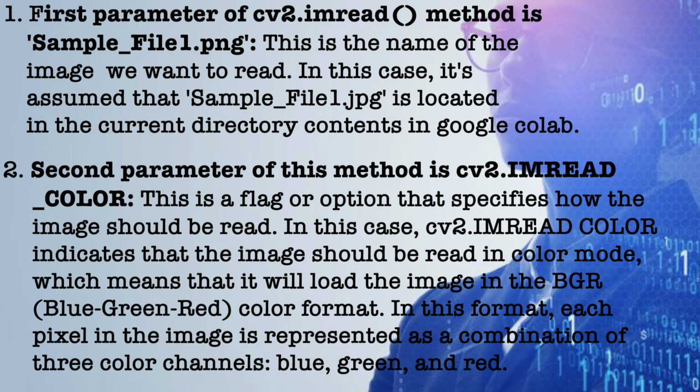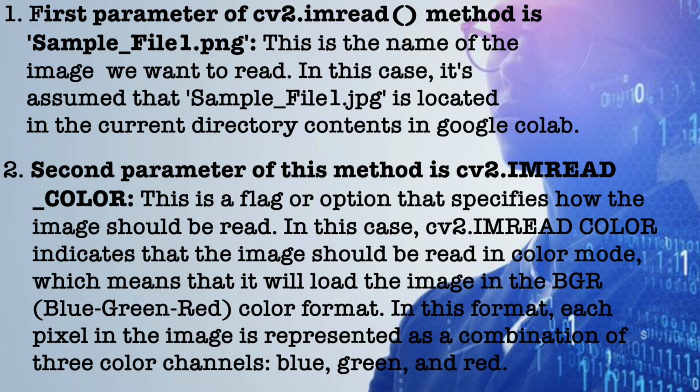This is a flag or an option that specifies how the image should be read. In this case, cv2.IMREAD_COLOR indicates that the image should be read in color mode, which means it will load the image in BGR color format.